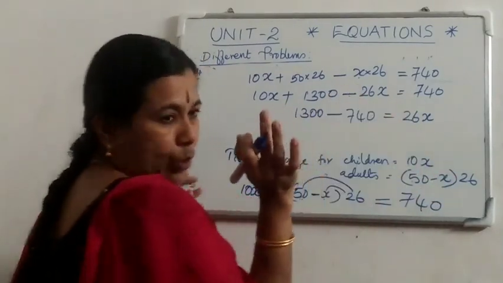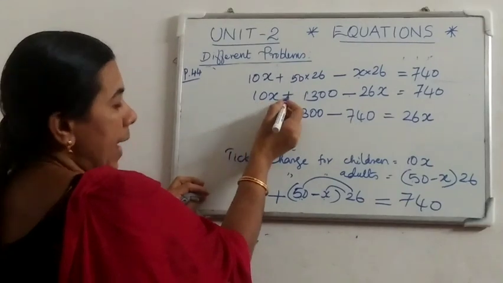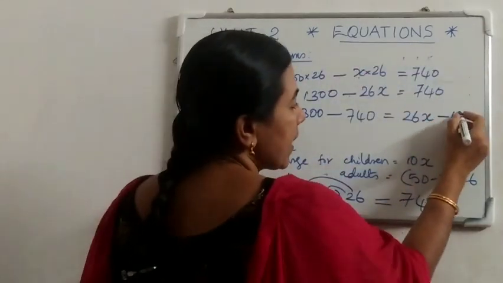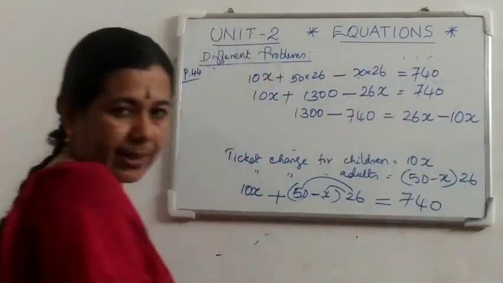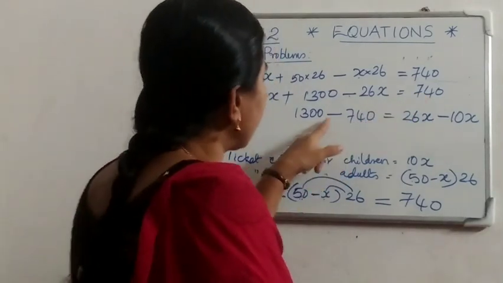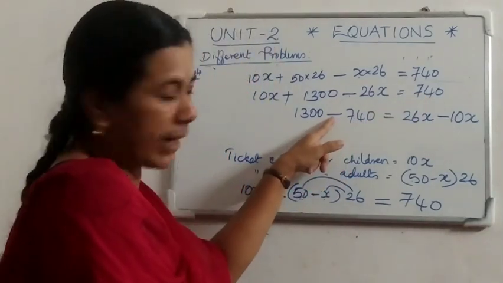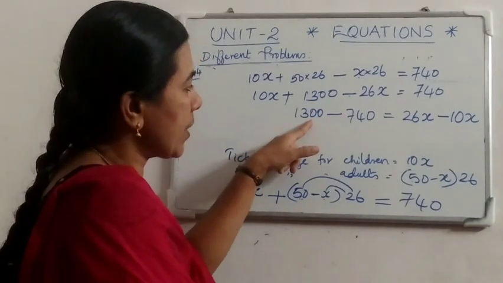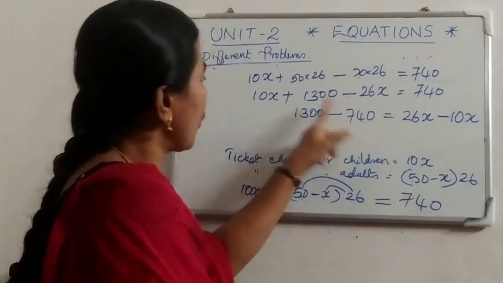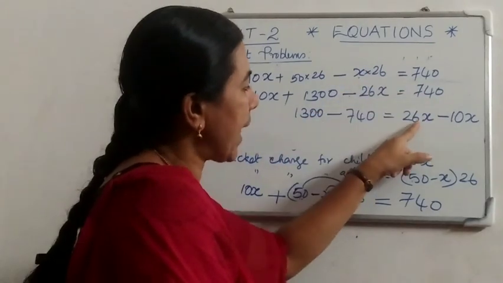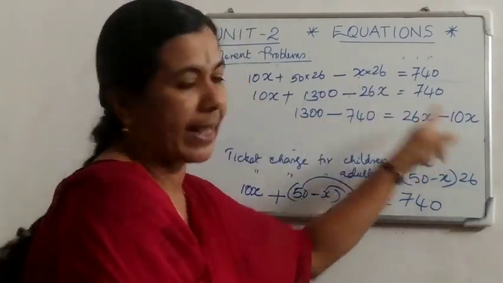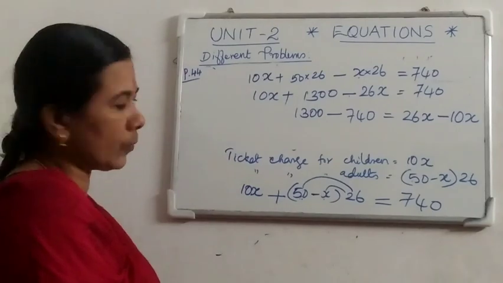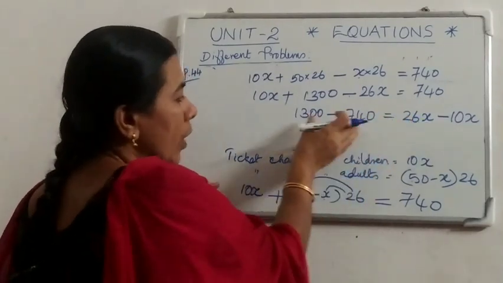This 10x to be added here goes to the right side as minus 10x. On the right side number 740 is here, minus 740. 1300 is here. Now we got an equation.